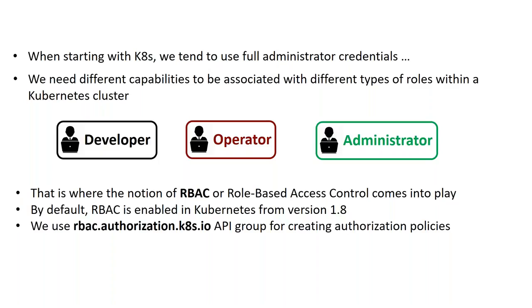Okay, such a concept is what we call RBAC, or in Kubernetes 1.8 this new concept of RBAC was introduced, which refers to role-based access control. Now what do we mean by role-based? What you're going to do is give certain access to a person, and that's what we call a role.